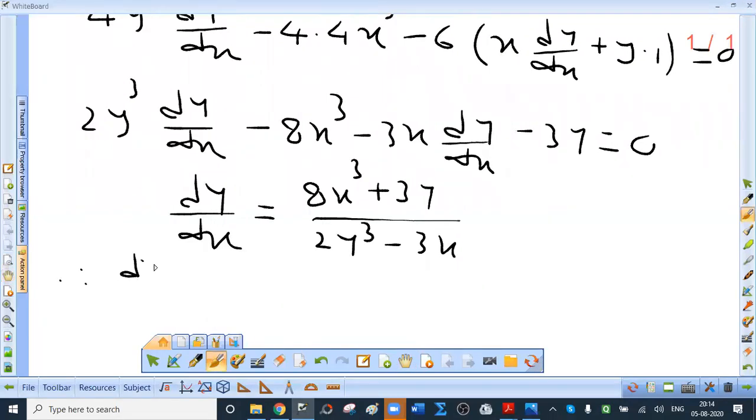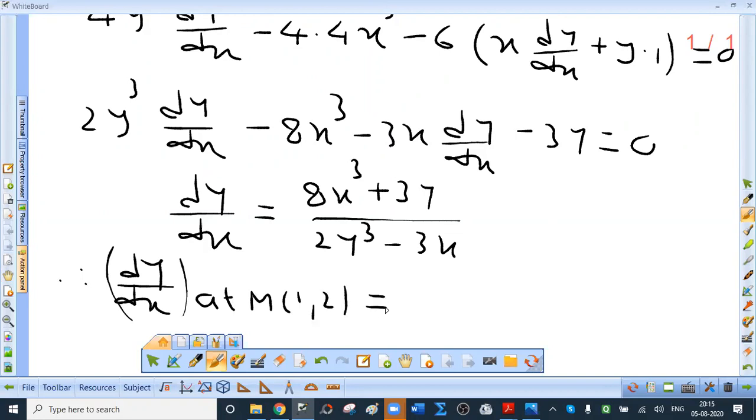Therefore, dy/dx at M(1, 2). So see, this is just gradient of the curve. Now there are infinitely many points on the curve. Tangent is drawn at which point? (1, 2). So we are interested in slope of that particular tangent.